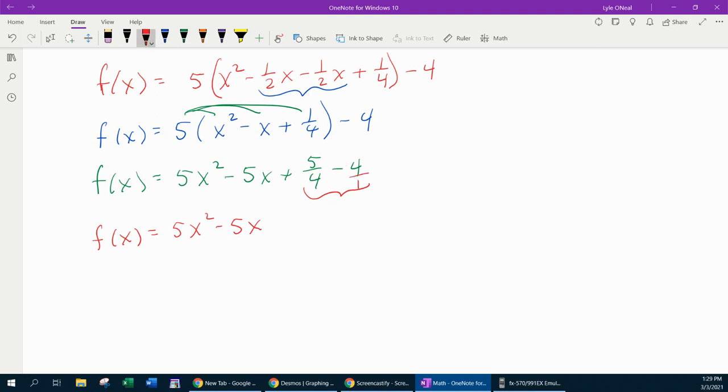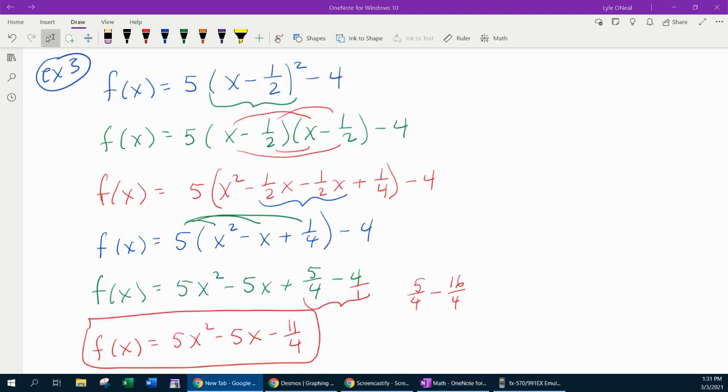So the 4 is understood to be over 1. That's going to be the same as 5/4 minus 16/4. 5 minus 16 is negative 11 fourths. And we're going to put a box around that because we're done. We are now in standard form.